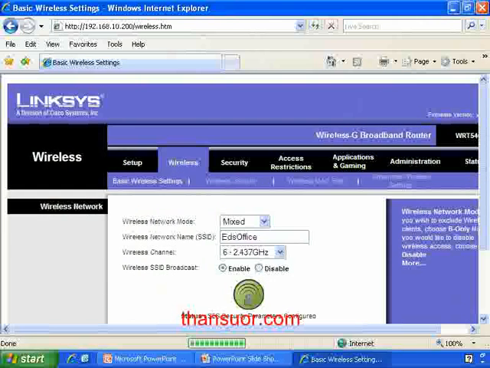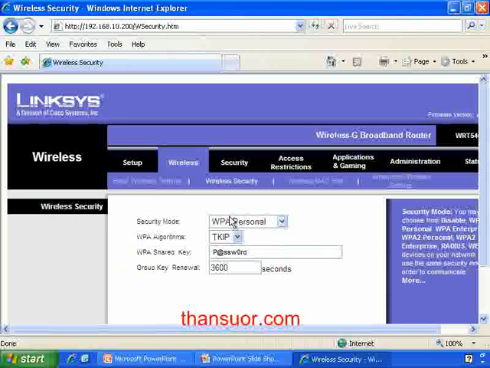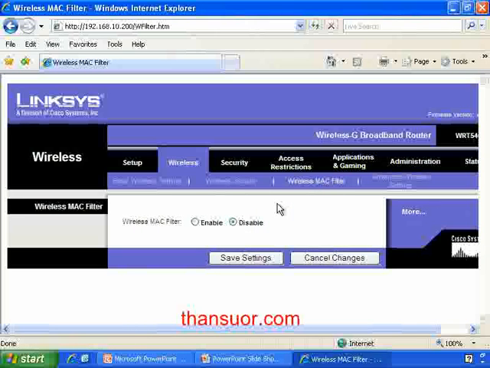And then under wireless, you determine whether you want to use, in this case, B or G, or if this was an N router. I can tell you that I have an N router here where I could choose between B, G, or N. You give your SSID, you pick a channel, you decide whether you want to broadcast or not. You can set up if you want to use some form of security, and you can do MAC filtering. And that's how you would set up a wireless access point.